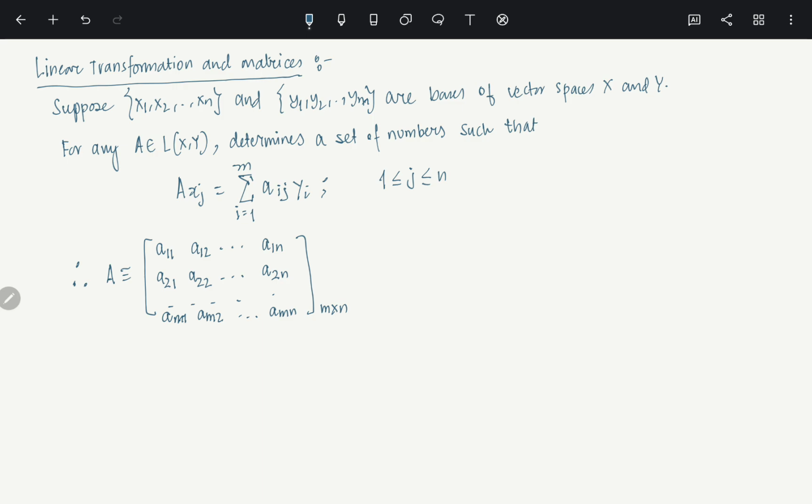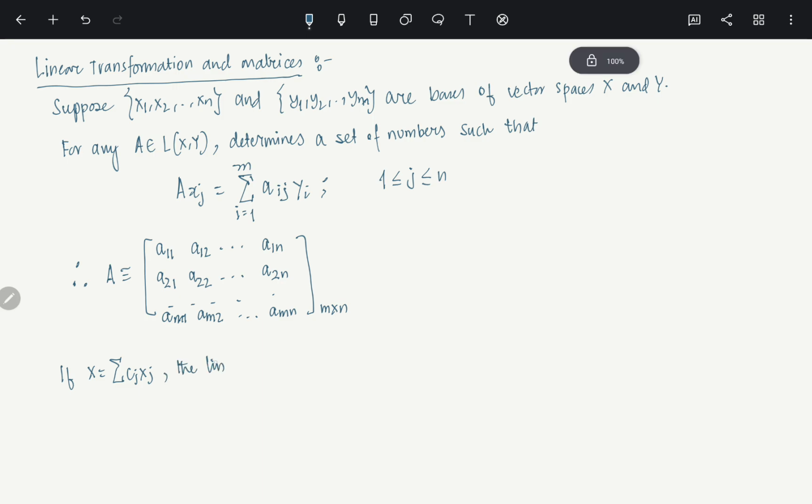Let's say x in X can be written as the summation of cj xj, because x can be written as a combination of the xj's.